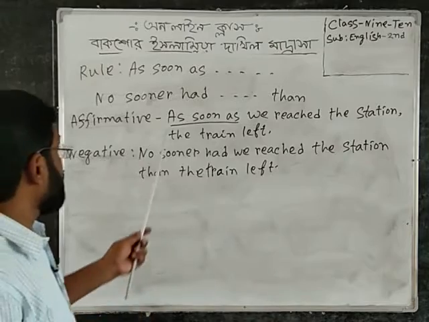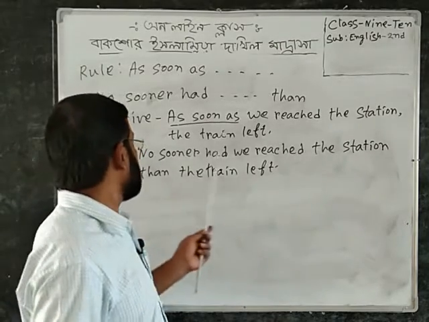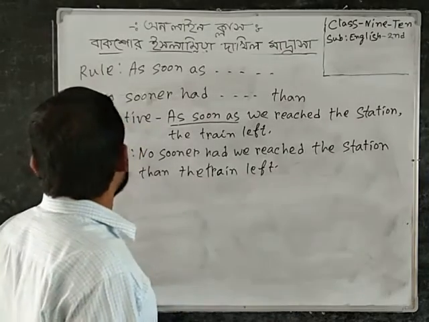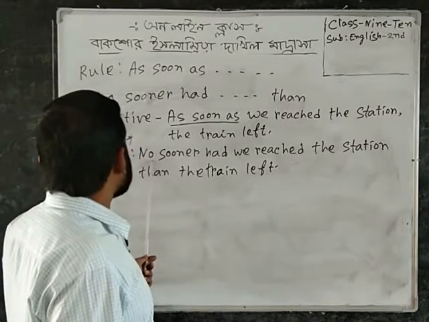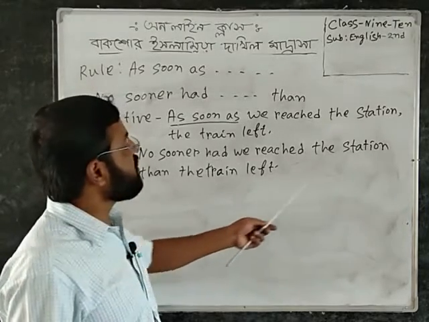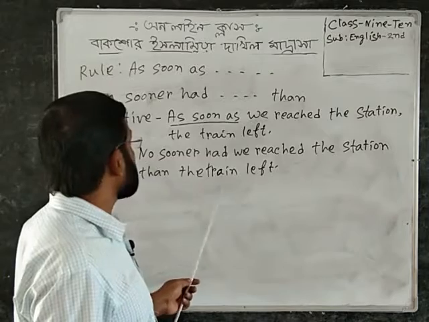In the affirmative, as soon as we reached the station, the train left. And in negative, we can write no sooner had we reached the station than the train left.